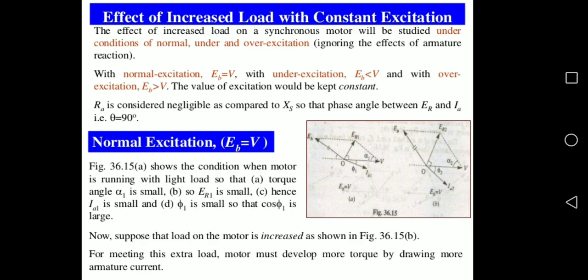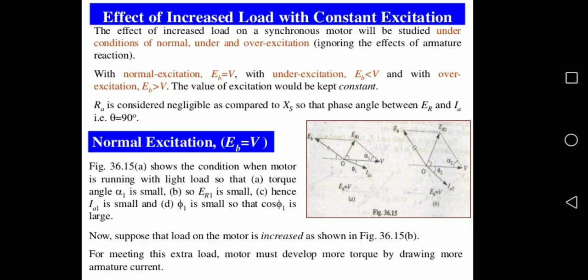So remember that in normal and light loaded condition, the back EMF and supply voltage are nearly equal and in opposite direction. So the Er is small. Because Er and Ia are directly proportional, when Er is small, current is small.